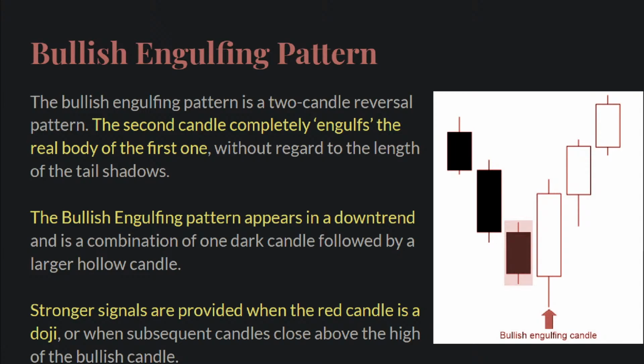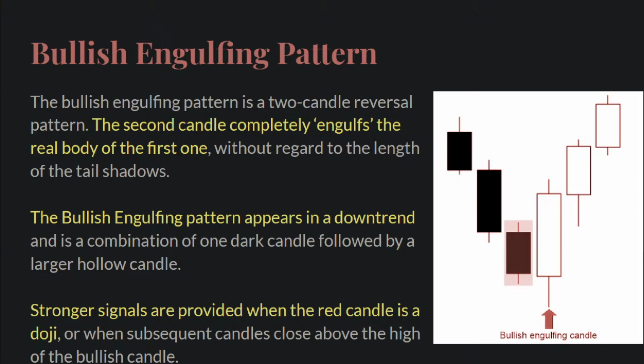So in order to make it the harami, it actually has to have the wicks inside of the thick part of the candle. Now, people can get them confusing. Essentially, they mean the same thing. So when we see that, generally speaking, if you're spending too much time trying to figure out whether it's an engulfing pattern or a harami, you're wasting your time. So that's just another pointer.